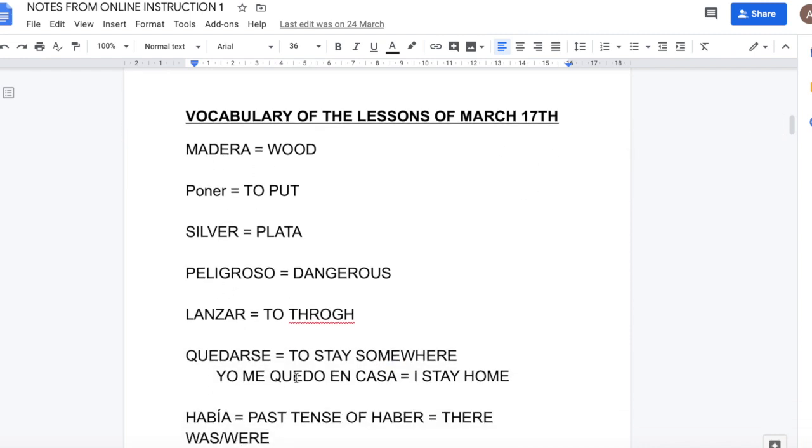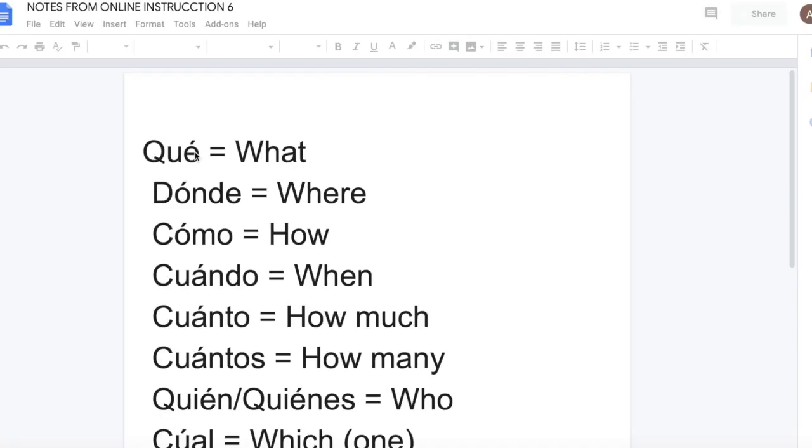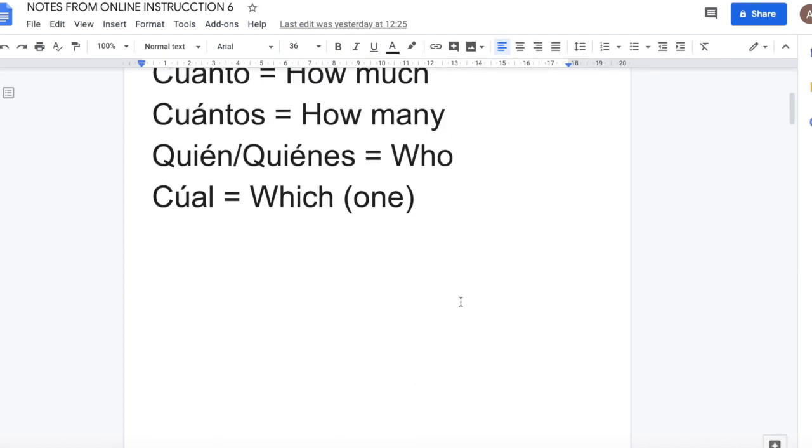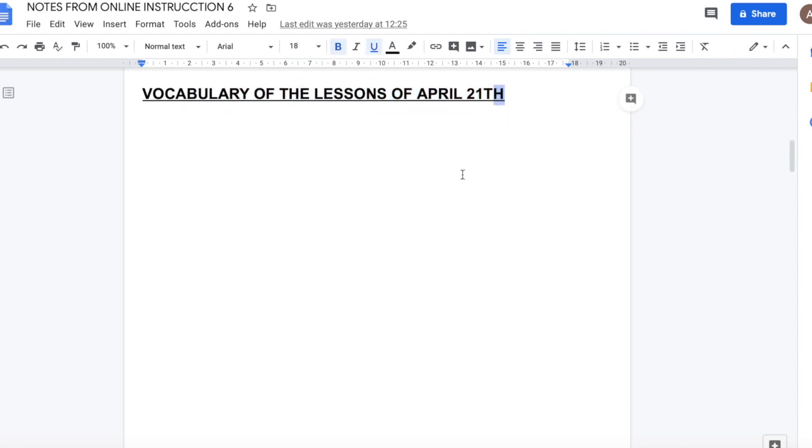This was empty. This was vocabulary of the lessons of March 17. This was empty, as I'm going to show you right now. Okay, here is the one I have prepared for this week. We're going to start the class the same way, but this is April, vocabulary of the lessons of April 21st.